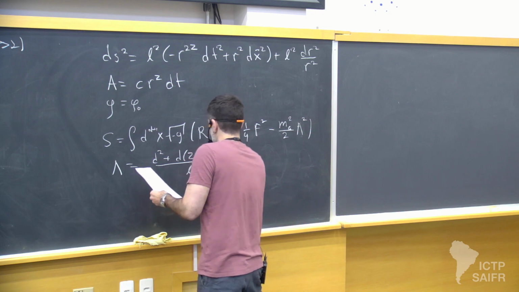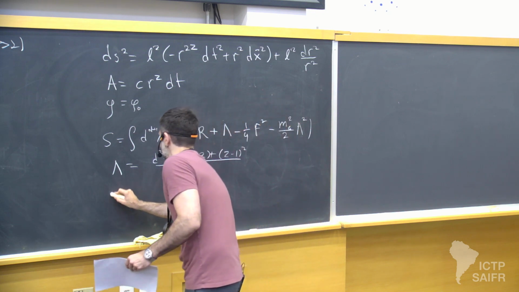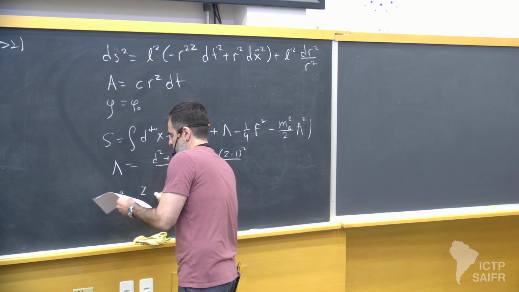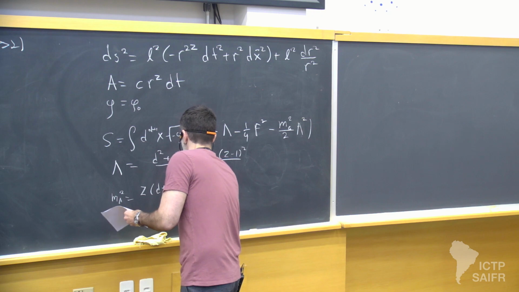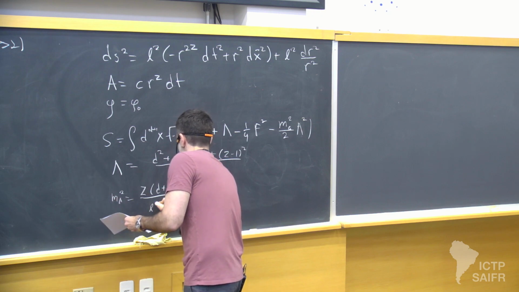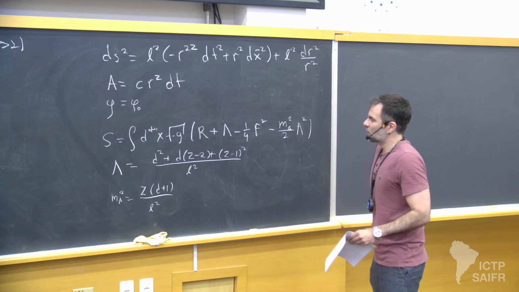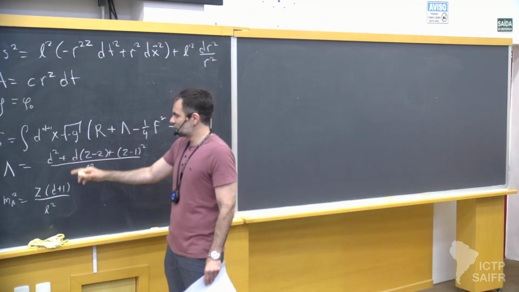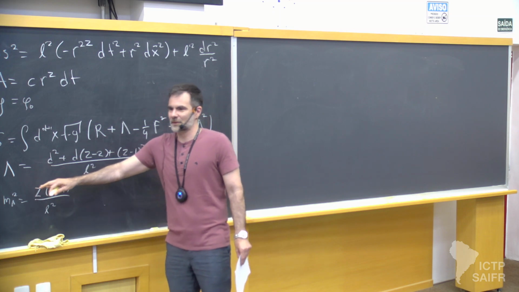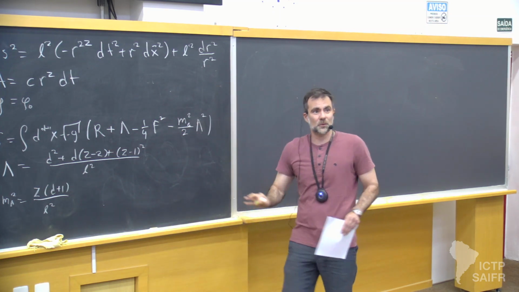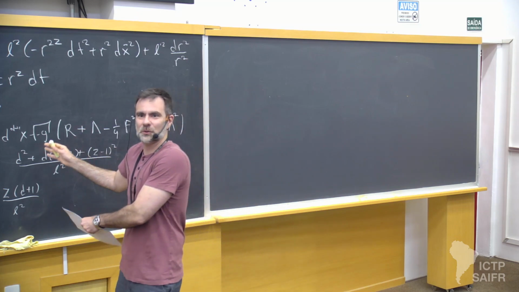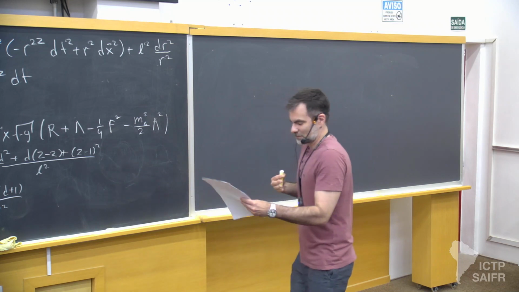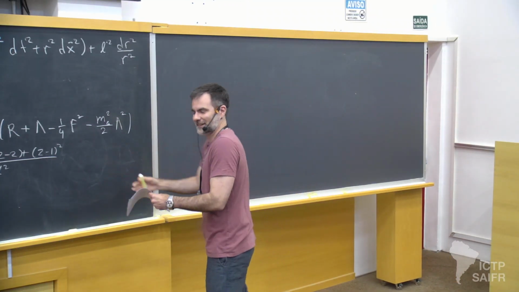Now, the mass of the vector field is fixed by z and d. Well, I'm not sure this is the appropriate way to read these things. I would like to write z and l as a function of the bulk parameters. But if you want to cook up some theory which has the specific z, this is what you need to do. You have to write down some bulk action like this. I am an advocate of the other way.